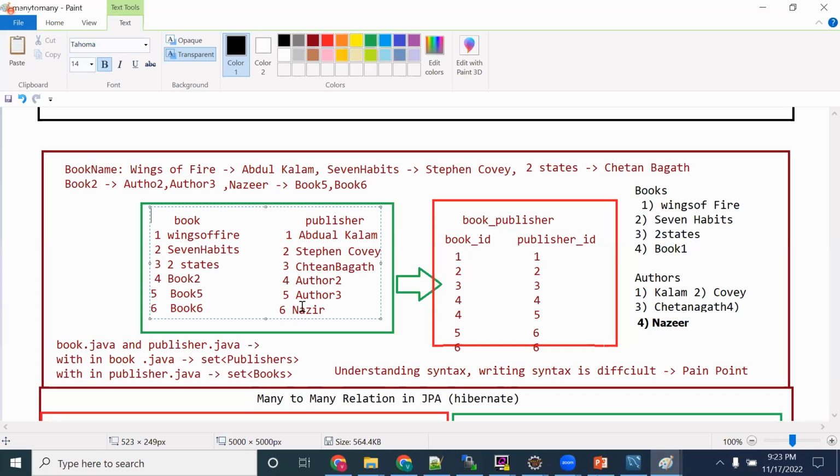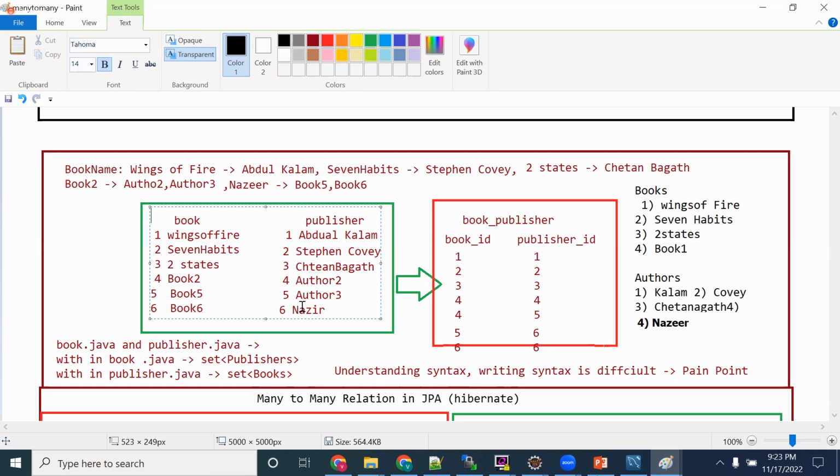Someone asked me in the initial classes about composite primary key. You remember? Sir, you're telling me about composite primary key. Then I told you I'm going to explain it in the derived methods, maybe after 20 classes. I'm not sure whether I reach 20 or not, but I told it's 20 classes.